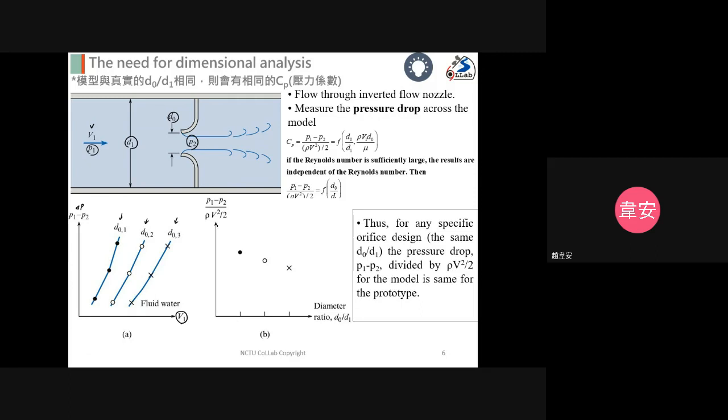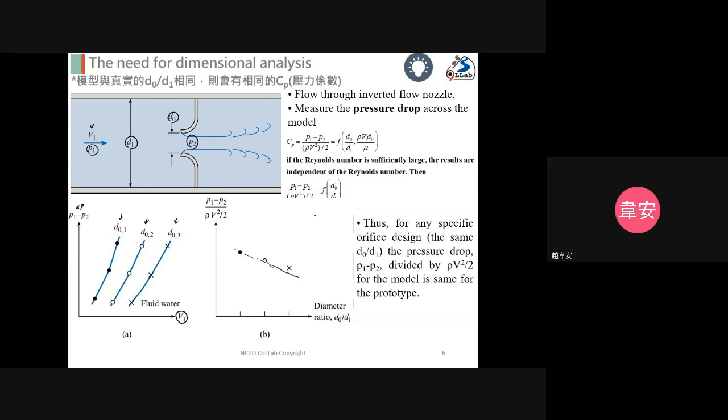And you see that even though we change the small diameters, they always follow the same relationship between the diameter ratio and the ratio of the pressure difference to the kinetic energy.